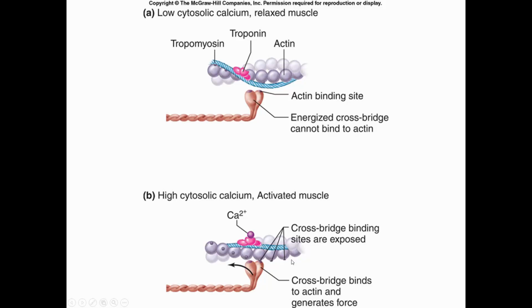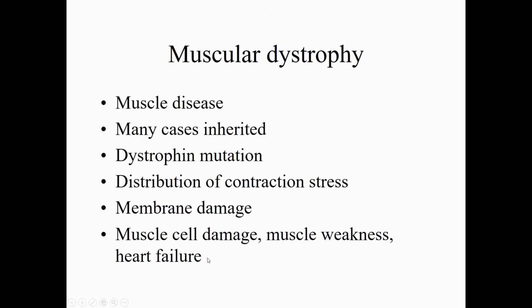We have all these binding sites available, and now this energized myosin head can bind to actin, forming a crossbridge. When the phosphate and the energy from ATP is released and ADP remains, that allows that myosin head to ratchet. It pulls over, and it pulls actin with it.